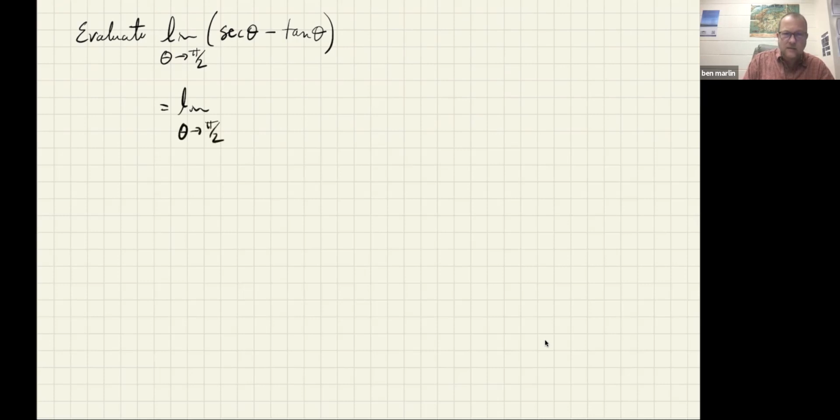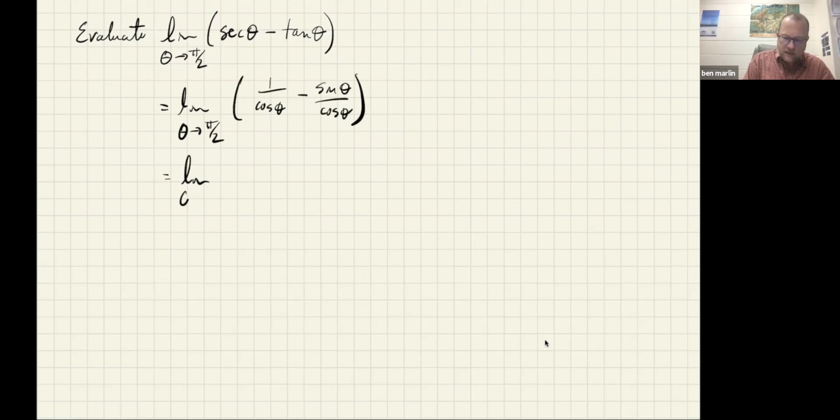So our theta is still going to go to pi over 2. And we're going to think about the secant as being 1 over cosine, the tangent as being sine over cosine. And like I said before, you get 1 over 0 out of those.